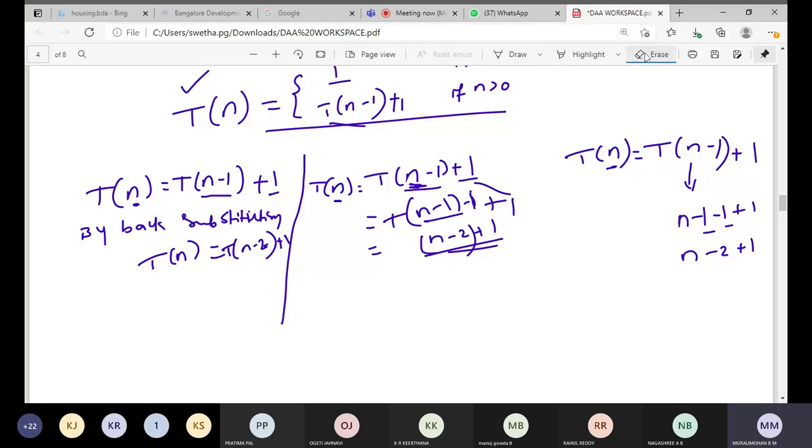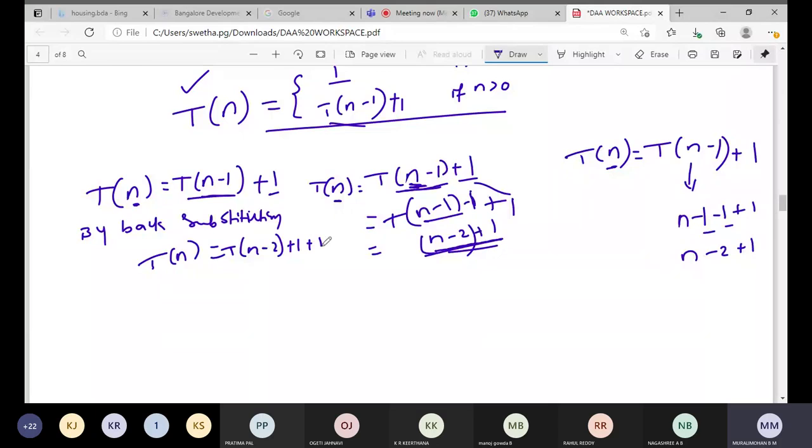The space is not sufficient for me, so we'll erase this. What is T of n minus 1? T of n minus 1 is T of n minus 2 plus 1, right? So it is T of n minus 2 plus 1, and this plus 1 will be as it is.